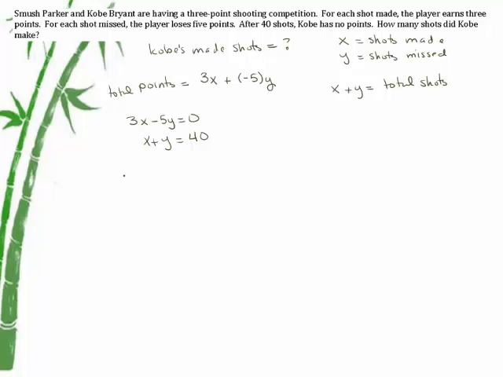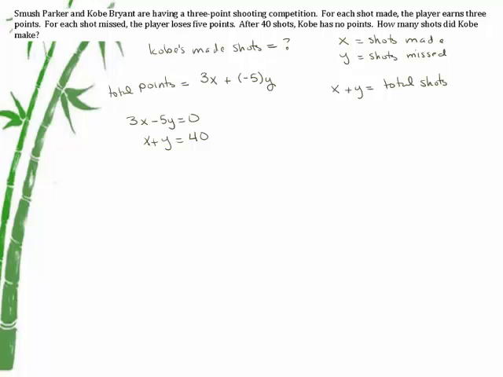So we want to solve this system. So I can use substitution, or I can use elimination, or I could try graphing, but this 40 makes this a large graph, so I'm probably going to not do graphing.